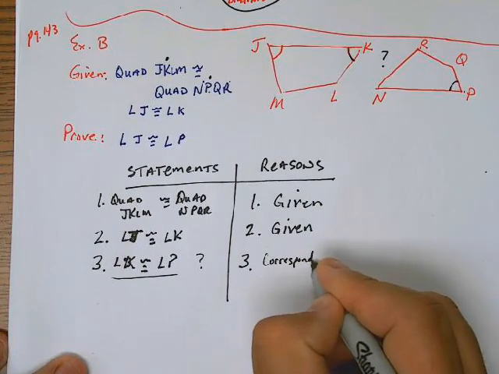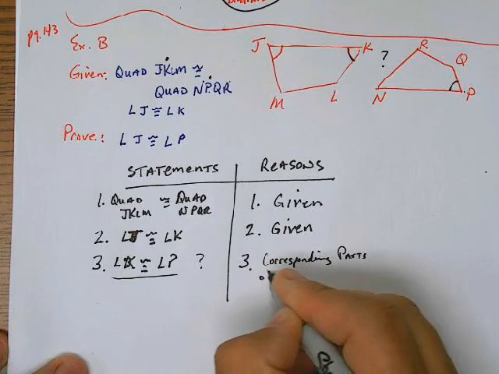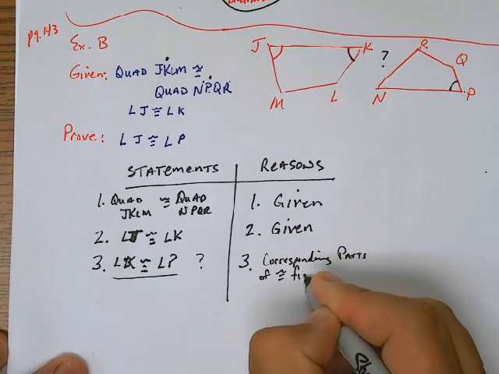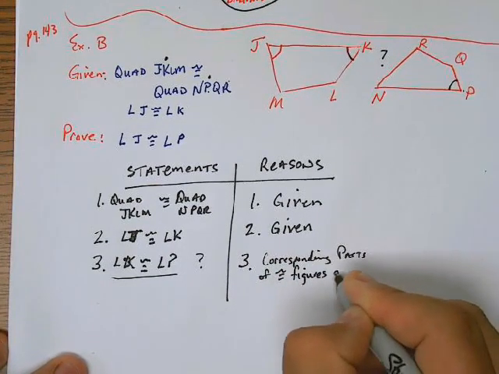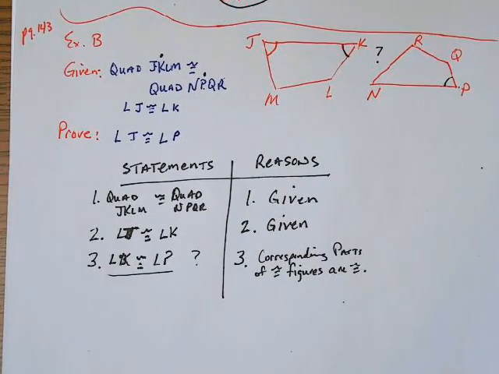Corresponding parts of congruent figures are, I use a little bit of shorthand, are congruent. It's okay to abbreviate. I use the symbol congruent for the word congruent. Corresponding parts of congruent figures are congruent.